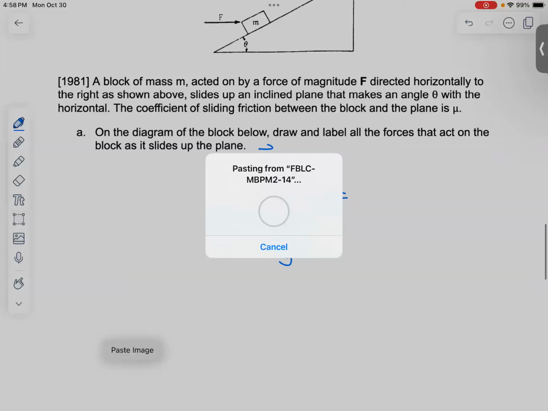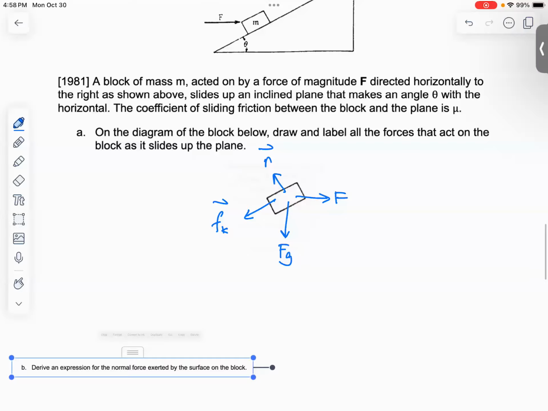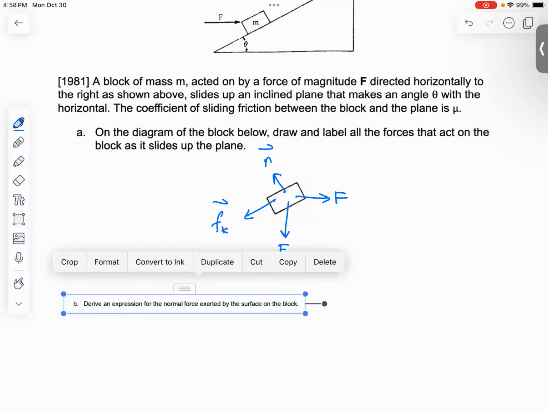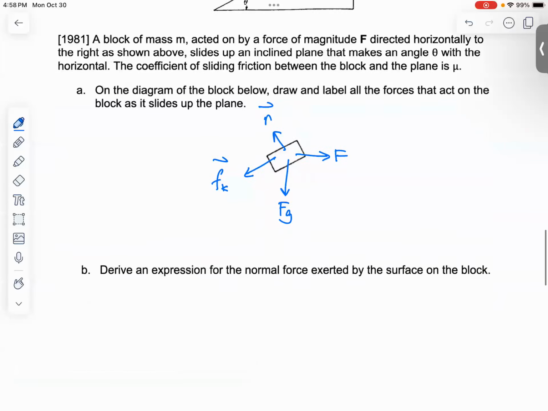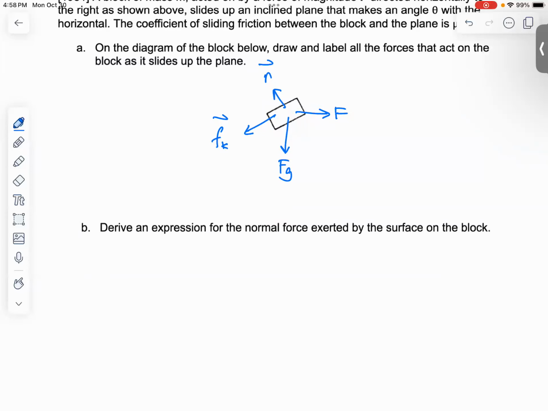We're going to break the force of gravity into two components so that we can see things better, and also break the applied force into two components, Fx and Fy.